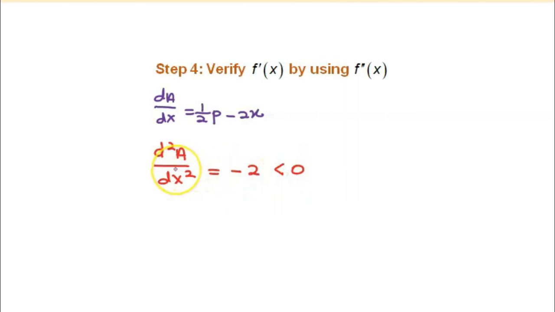When we observe that the second derivative is a negative value, the critical number we obtained for this question will give us a maximum result, which is the area to be maximum.